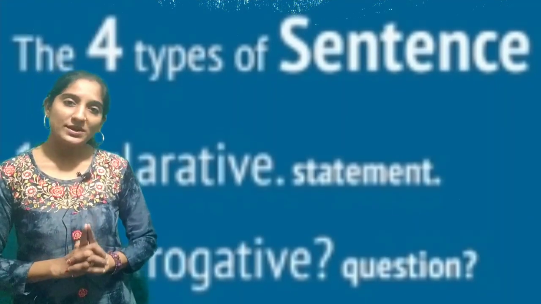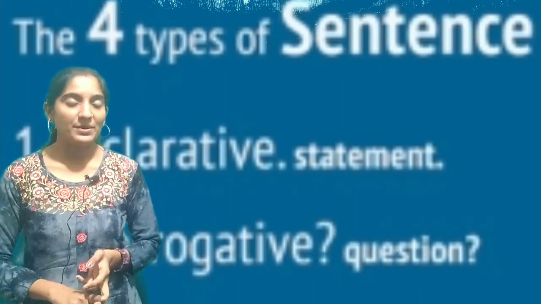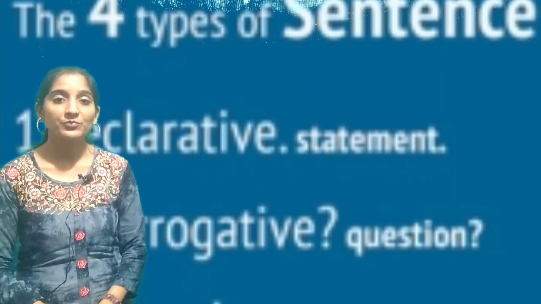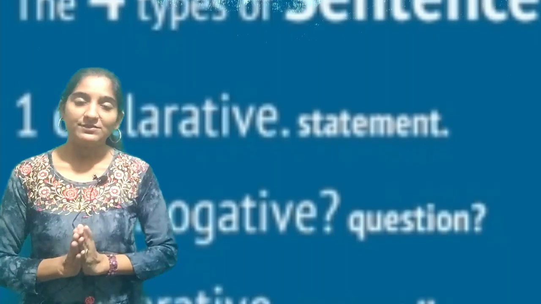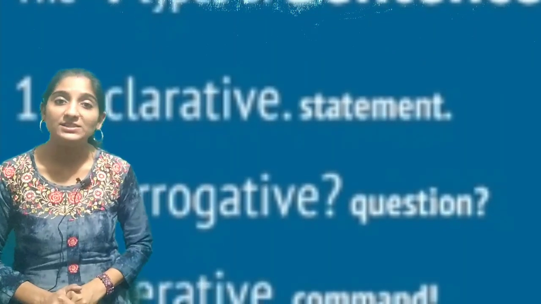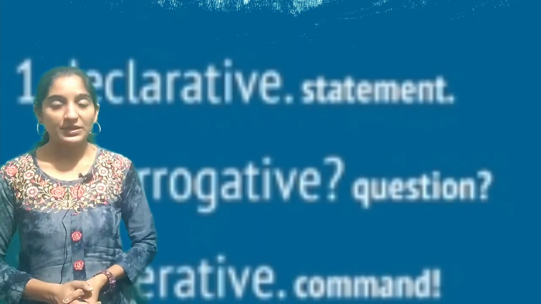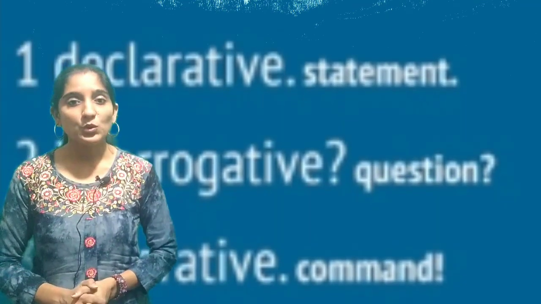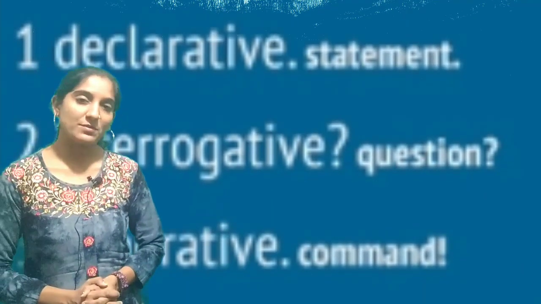So the four types are imperative sentences, exclamatory sentences, declarative sentences and interrogative sentences. All declarative sentences end with a full stop. Interrogative, meaning question sentences, end with a question mark. Imperative sentences end with a full stop or sometimes an exclamation mark.